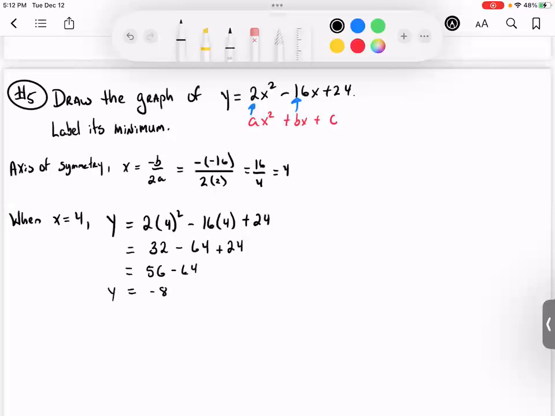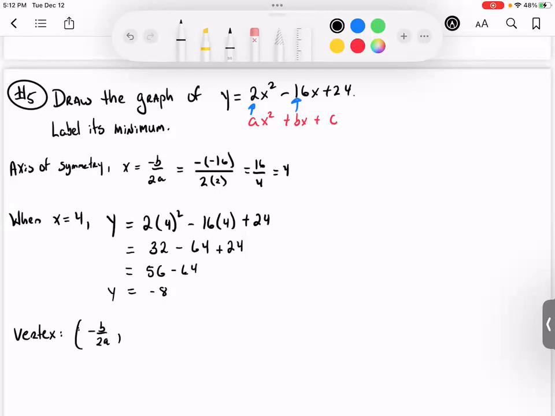So why did I solve for y here? It's because the x coordinate of the vertex is always negative b over 2a, which basically means that the axis of symmetry, that vertical line, always intersects the vertex at that coordinate.